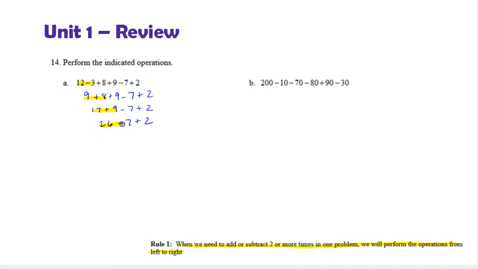Then we have 26 minus 7, which is 19. And finally, 19 plus 2, which is 21. It's a very good idea to do this, again, one step at a time, and then write your results horizontally. Resist the urge to skip writing all of these parts down because you could miss one in the end.